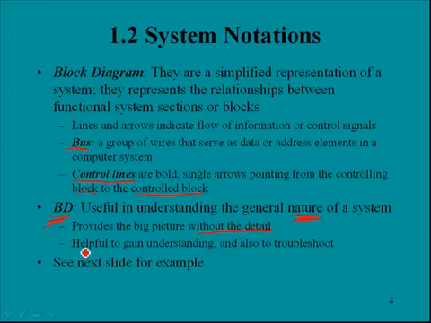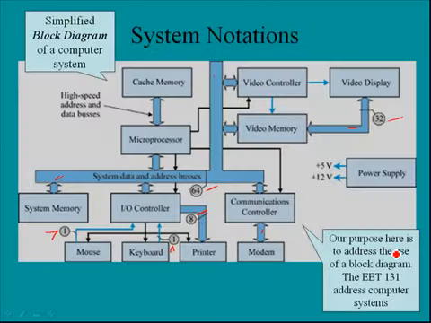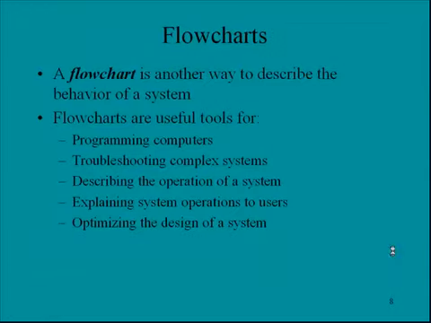A block diagram is also helpful to gain an understanding and also to troubleshoot. Oftentimes, if you're troubleshooting a system, a block diagram can help you to isolate the general area where a problem could be. Then we have flowcharts. A flowchart is another way to describe the behavior of a system.